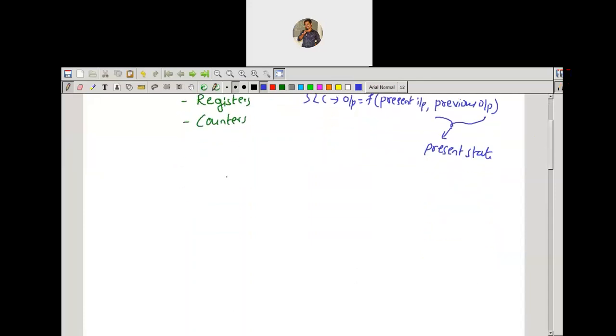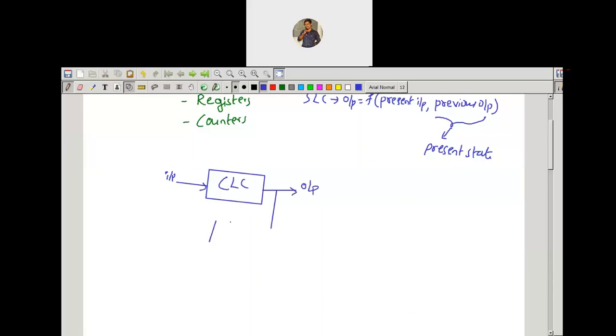We know that in a combinational logic circuit, the output depends only on the present input. But when we talk about the sequential logic circuit, the output depends on the present input as well as the previous output. That is, we can take one feedback path here.